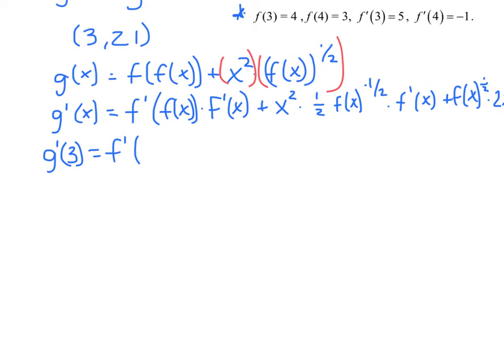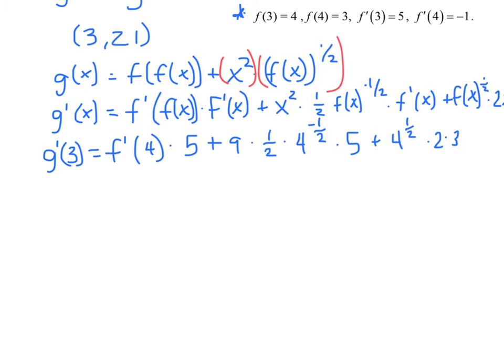I'm just going to look right up here and I see f of 3 is 4, times f prime of 3, so f prime of 3 is 5, plus 3 squared, I'm going to plug that in and make that 9, times 1/2, times, okay, so now it's f of 3, which is 4, to the negative 1/2, times f prime of 3 is 5. Okay, plus f of 3 to the 1/2, so that would be 4 to the 1/2, times 2 times 3.